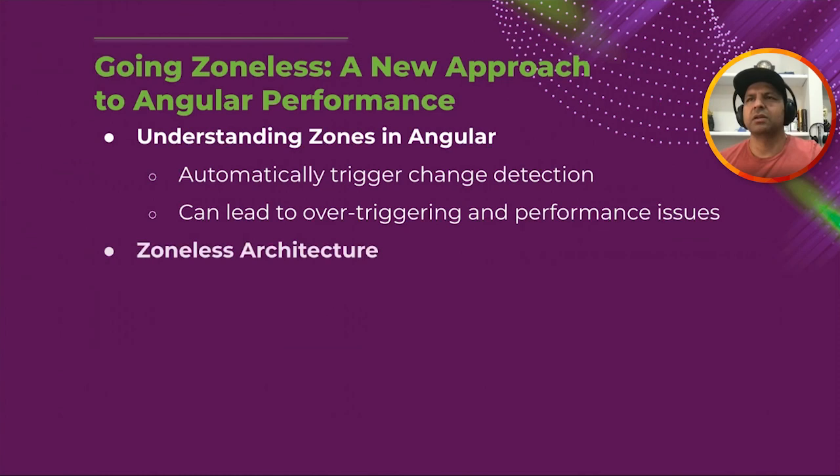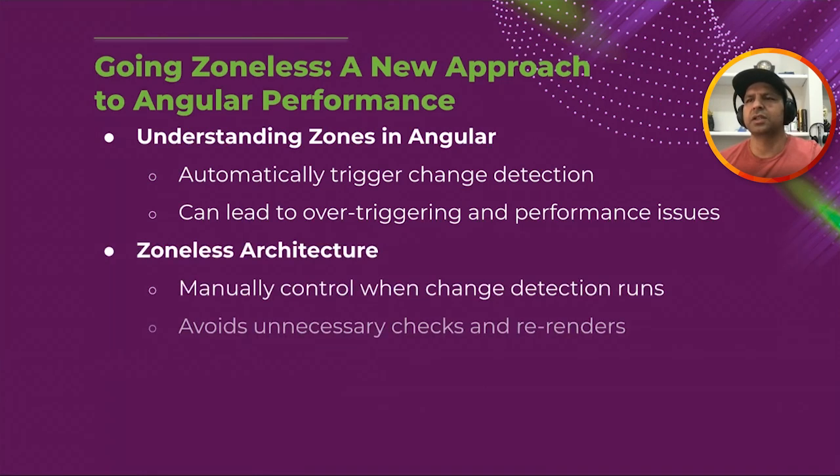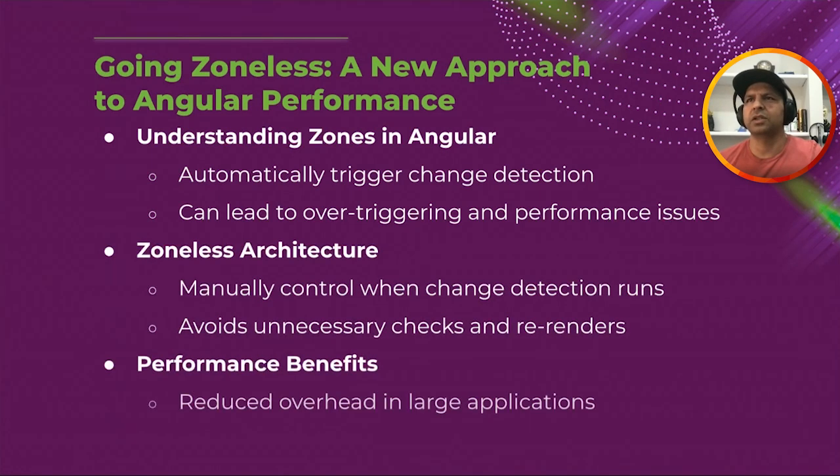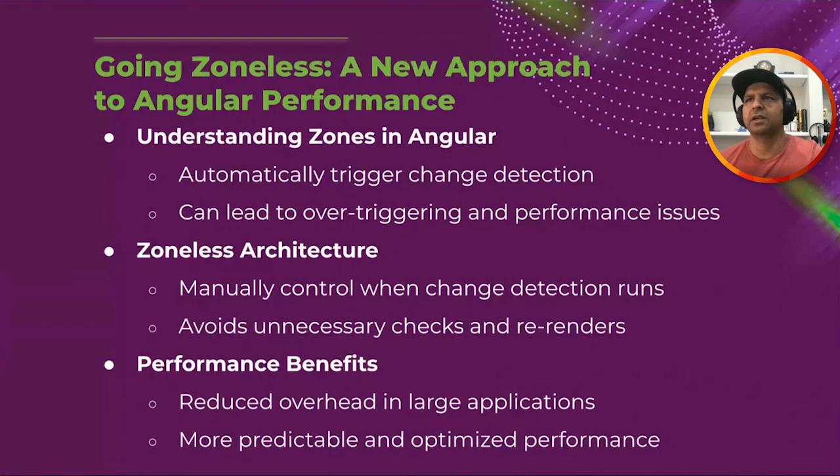All right, so now I want to talk just a little bit about zoneless in Angular, which is a more advanced approach to improving performance. In the release of Angular 18, the team rolled out a zoneless feature that takes change detection optimization even further.